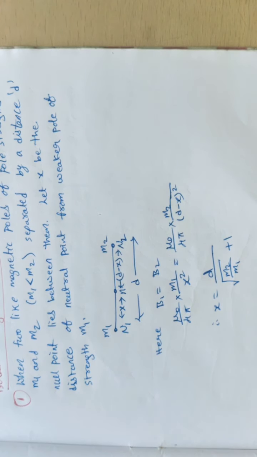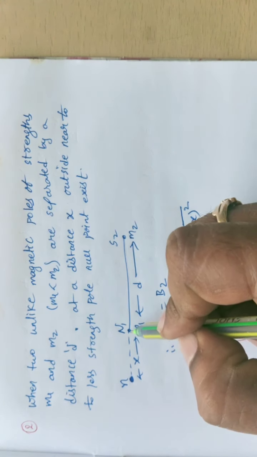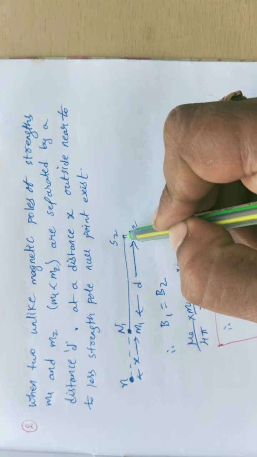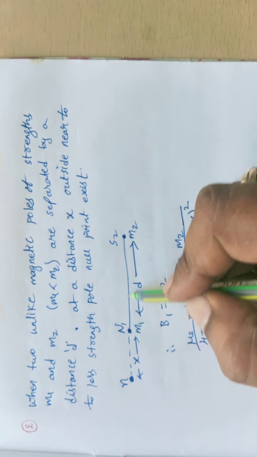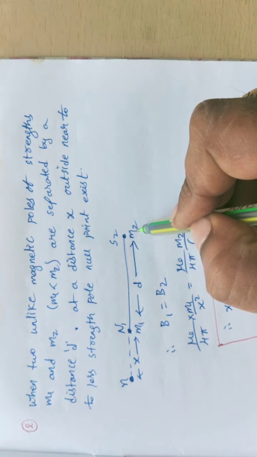Okay, students. In this case, when two unlike magnetic poles of strengths M1 and M2, where M1 is clearly taken as less than M2, are separated by distance d, at a distance x outside, nearer to the lesser pole strength, the null point exists. See here, this is one north pole, this is another south pole. These two are separated by distance d. Here pole strength M1 is present, here M2 is present.